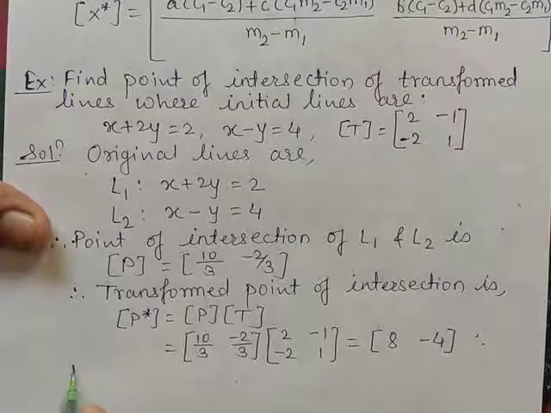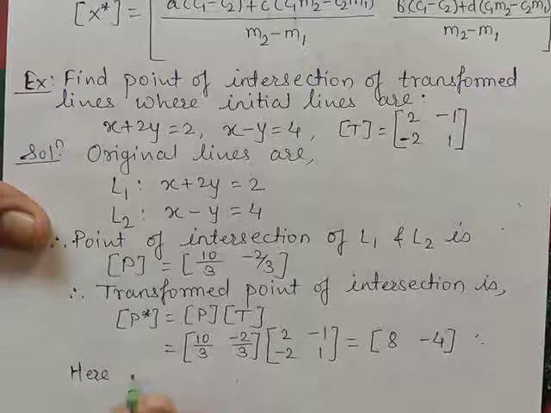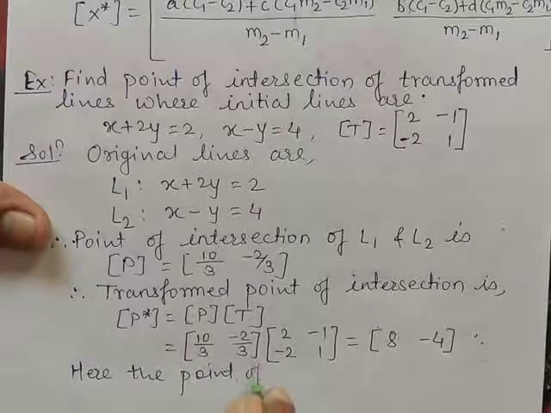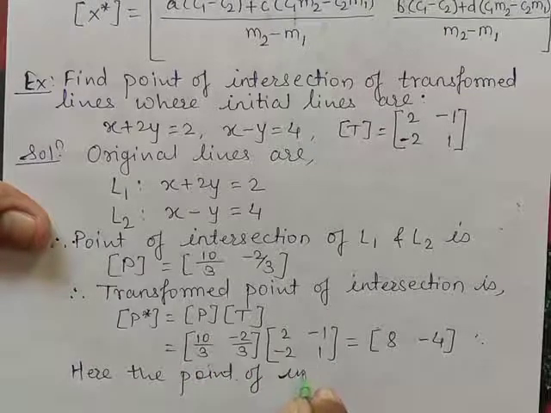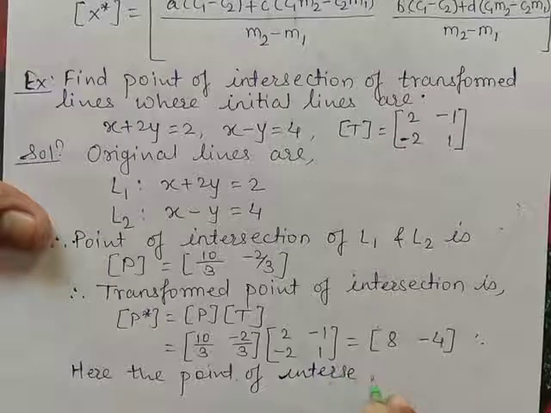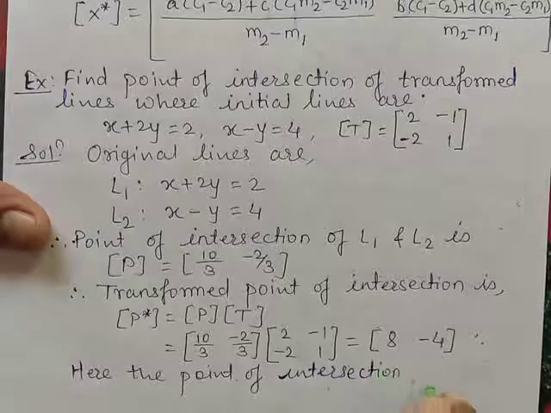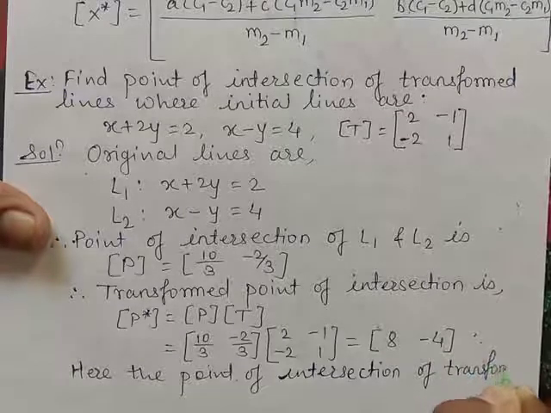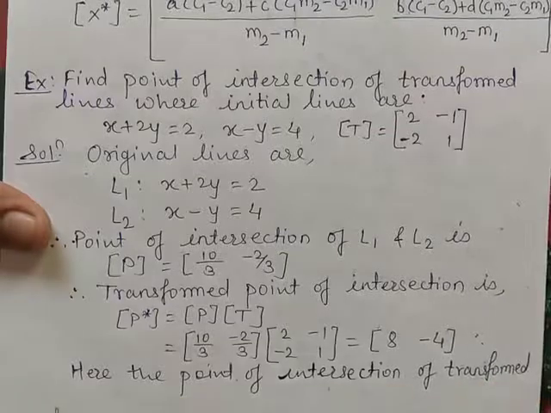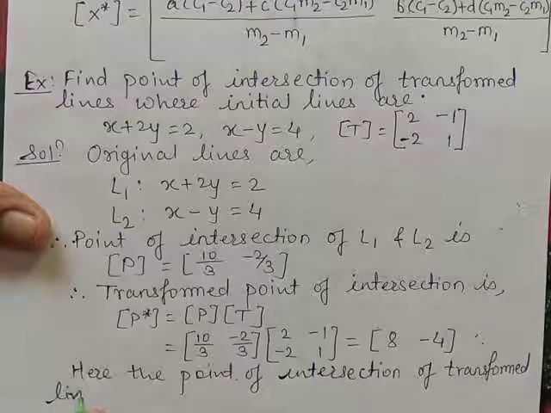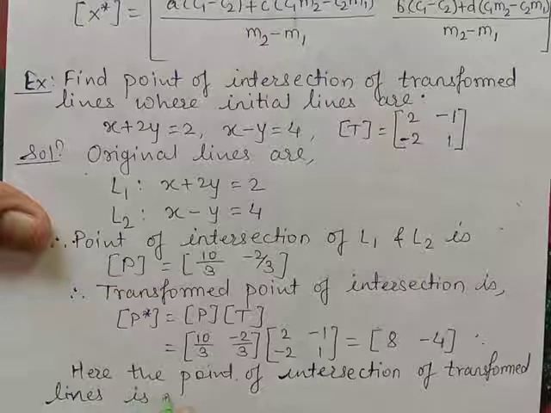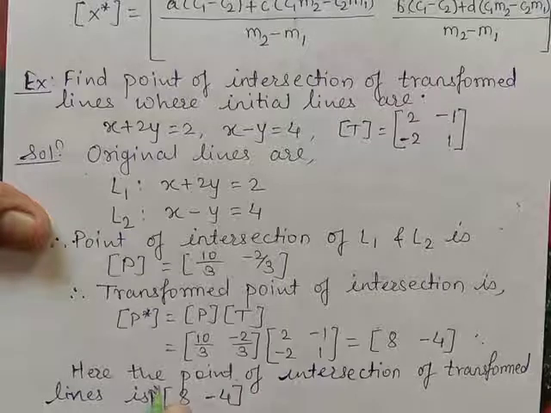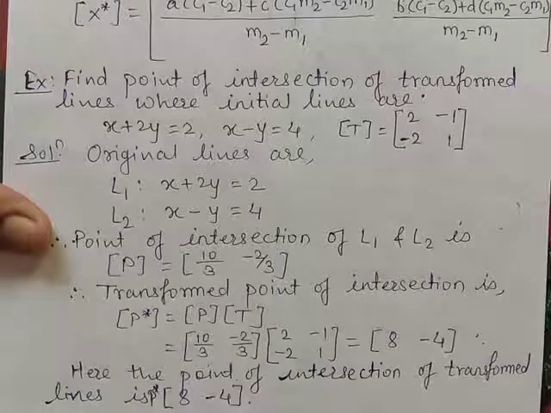Therefore the point of intersection of transformed lines is 8, minus 4, having the position vector 8, minus 4, that is P star. Okay.